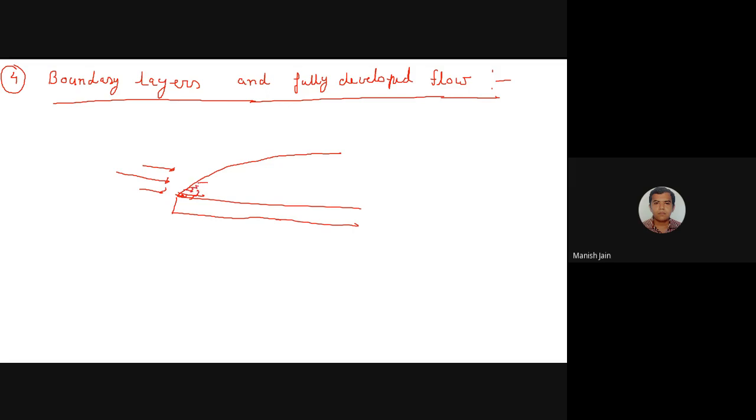So there is a region where the flow is influenced by the presence of the solid boundary, and that is called the boundary layer. Most of you were confused about the difference between the boundary layer, fully developed flow, and developing flow, so I am clearing that up in this section.